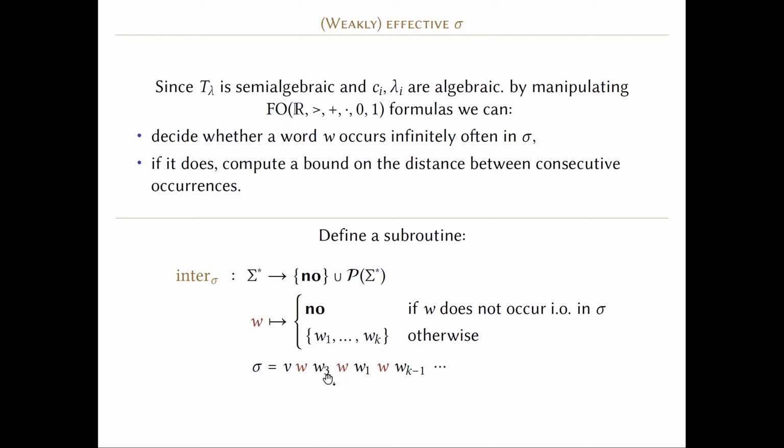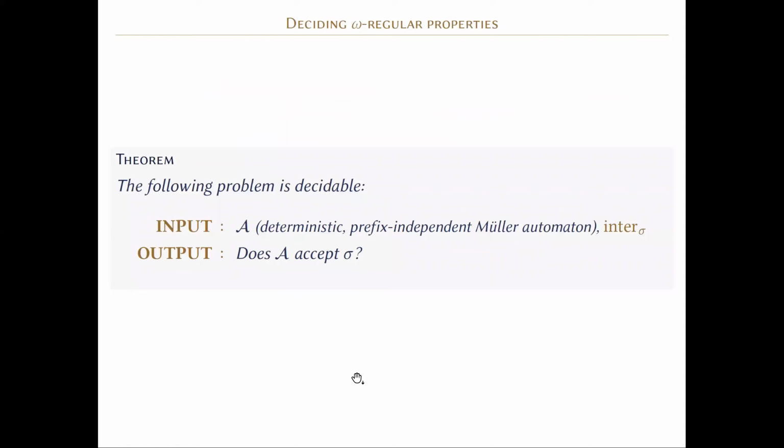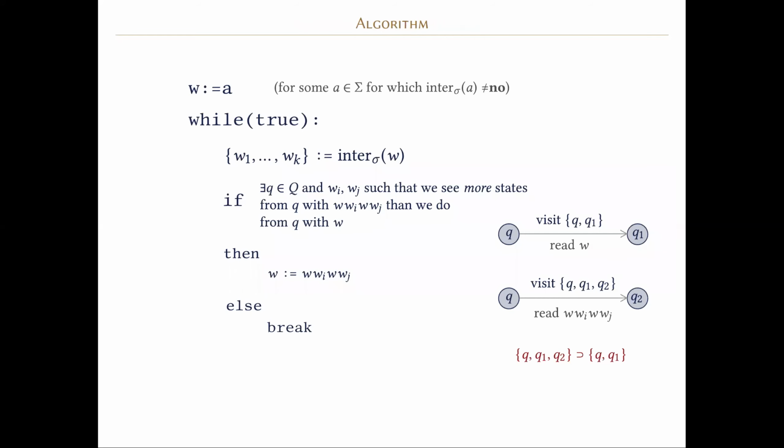Such a set must exist because there is a bounded gap between two occurrences of W. And now the problem we have is to decide, given an automaton and this procedure Inter of sigma, does the automaton accept the word sigma? And we show how to do this.